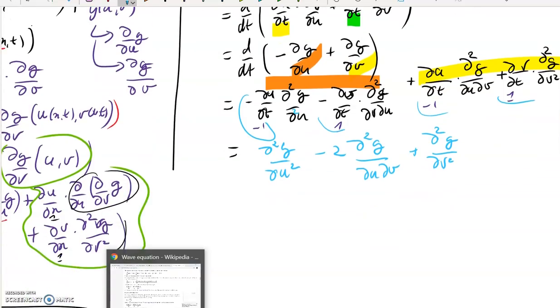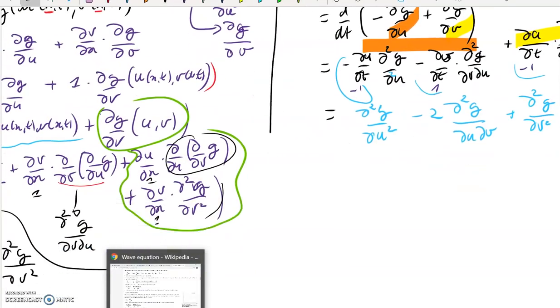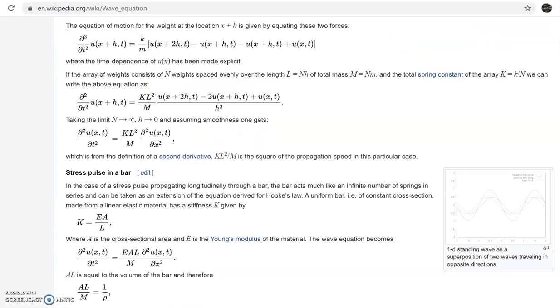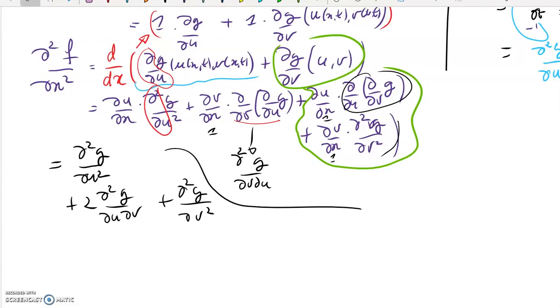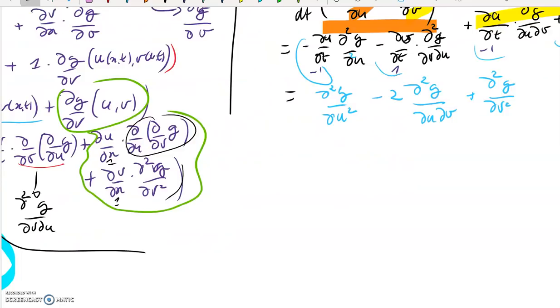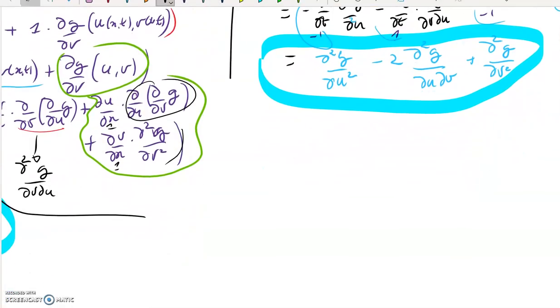Right, so now what do I have to do? I just have to sum these. And so sum, sorry about this, sum the result we had obtained for the partial derivative of the second order in x minus the result we obtained for the second order partial derivative in t. So let's write this. We have that d2f over dx square minus d2f over dt square is finally equal in terms of g.